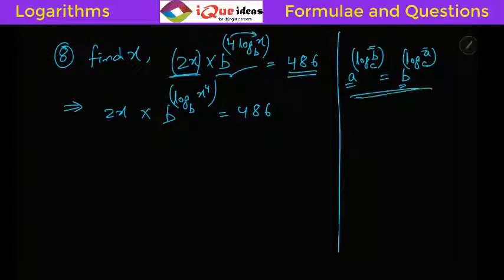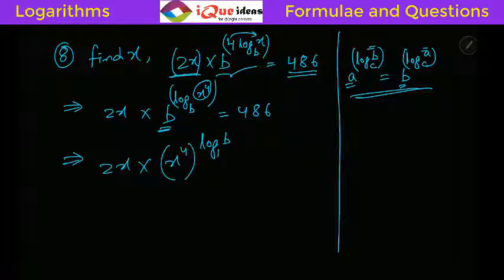According to this formula, this b and this x raised to 4 whole thing can be interchanged. So this becomes 2x into x raised to 4 whole to the power log b to the base b, that is equal to 486. So the benefit here is log b to the base b becomes 1. So we have 2x into x raised to 4 equal to 486.